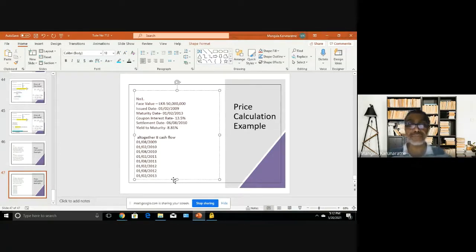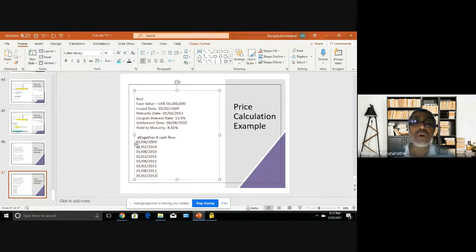Now our settlement date is 6/8/2010. That is August 2010. Where do we put that here?